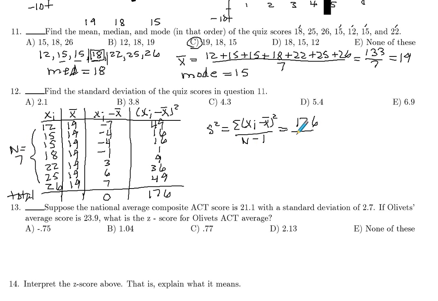So this is divided by 7 minus 1, divided by 6. And that gives 29.3 approximately. And then last step for standard deviation is to take the square root, because we've got to undo this squaring process. And if you do the calculator work there, you get 5.4 to the nearest decimal place, which is D.